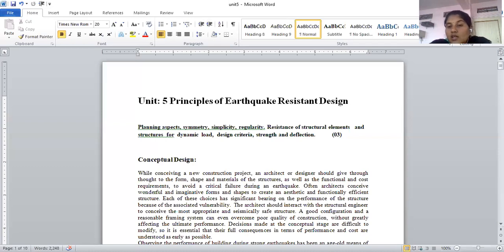Different researchers have studied how these buildings collapse during that intensity and magnitude of earthquake load. Based on this they made the analysis, and noted that whenever the geometry or plan of the building is like this, some damage will occur to the building.